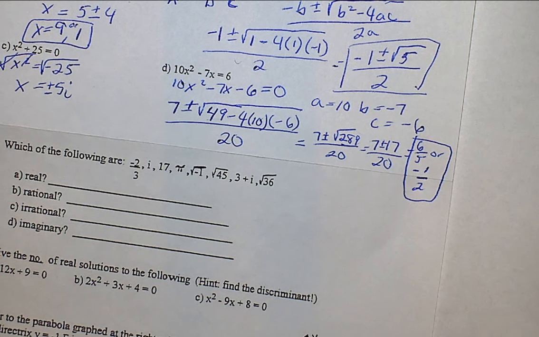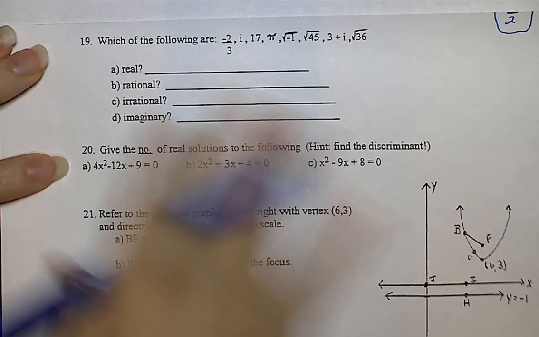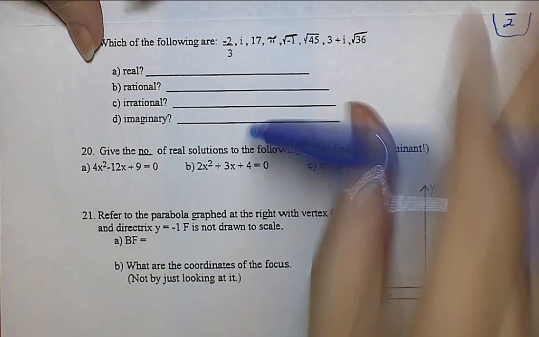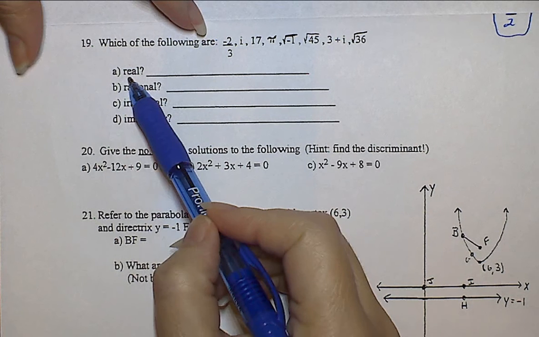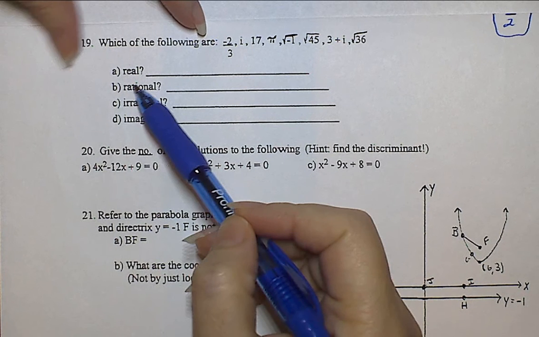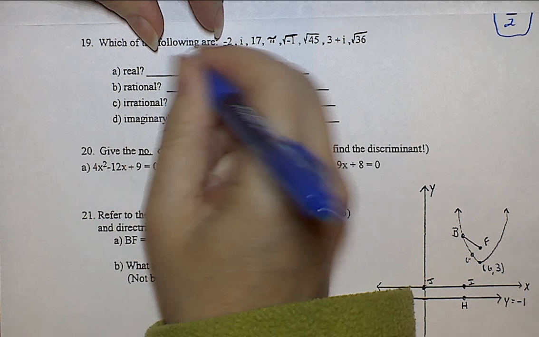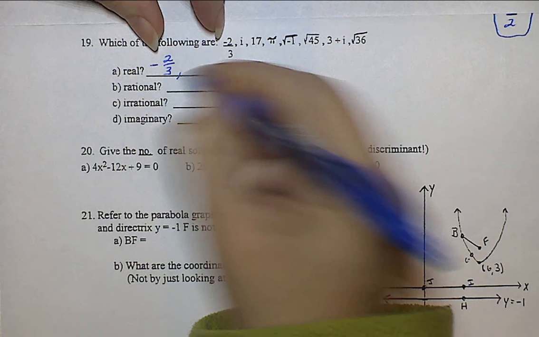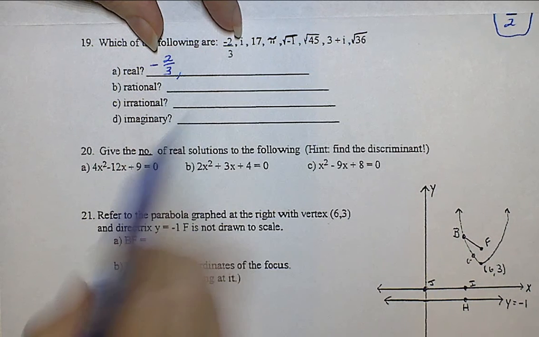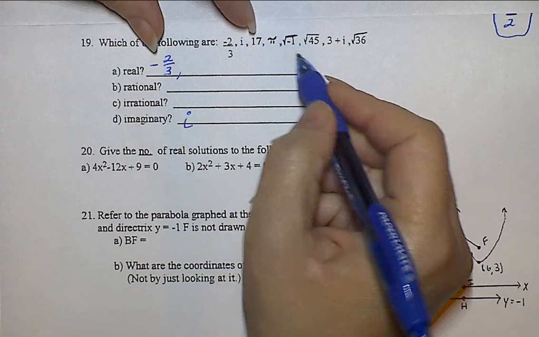Alright, let's go to 19. It says, which of the following are real numbers? Now remember, real are everything but imaginary. So negative 2/3, that's a real number. I, that's imaginary. So see how imaginary is down there? I'm going to put it down there. 17 is a real number.